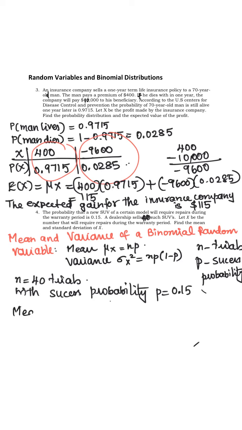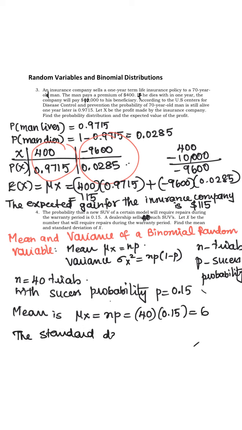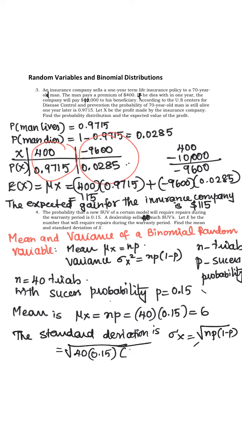So the mean is np, that is 40 times 0.15 equals 6, and the standard deviation is sigma x, that is square root of np times 1 minus p, that is square root of 40 times 0.15 times 1 minus 0.15. I used the calculator, so I got 2.258.